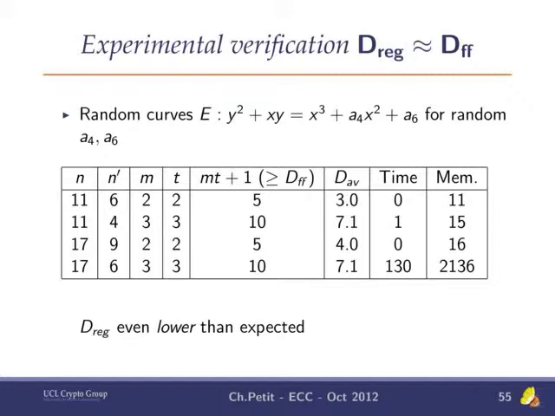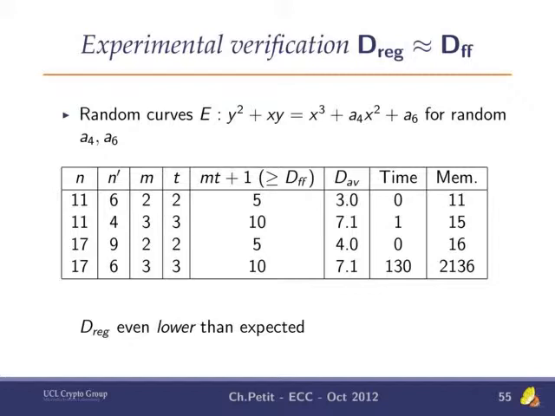So if you bound 2^(m-1) by 2^t, so t equal to m here, then mt plus 1 would be that. The values I observed in practice are actually smaller than that. I think it's just because this bound is not tight here. So that's data for random curves.